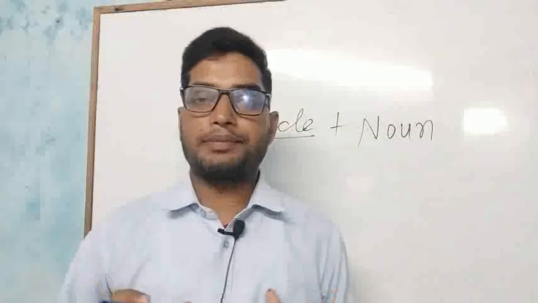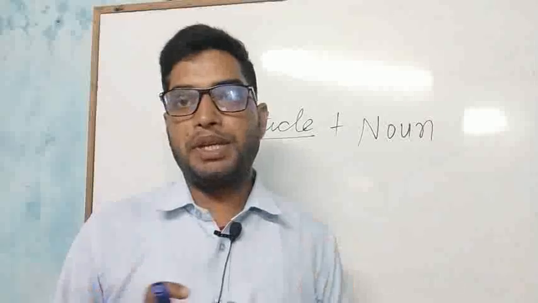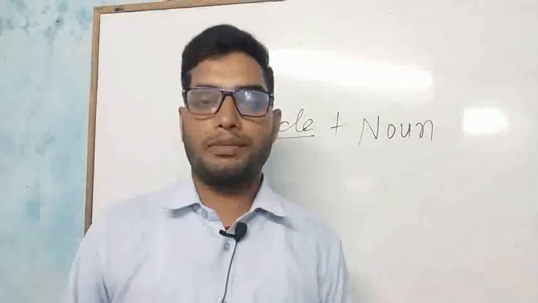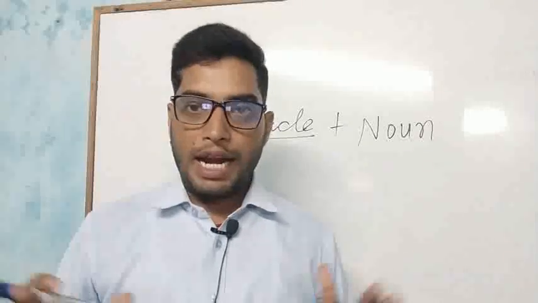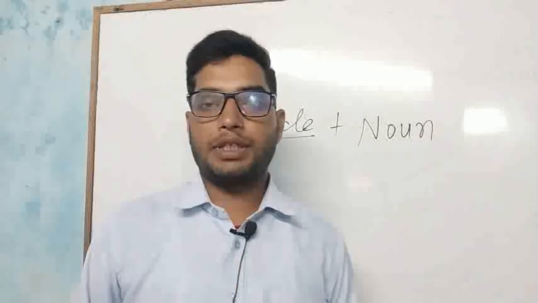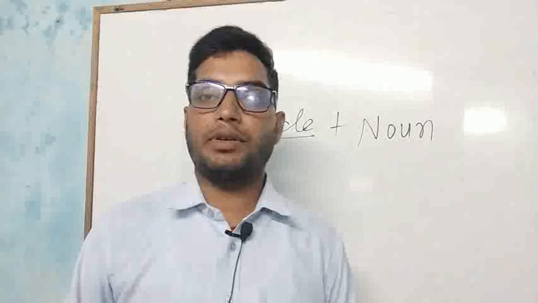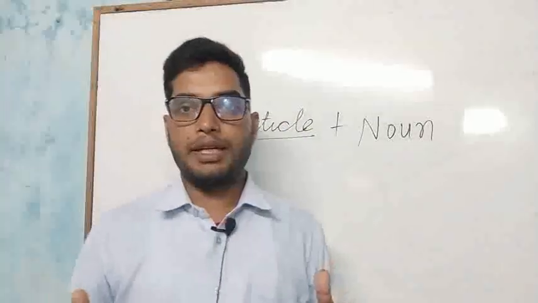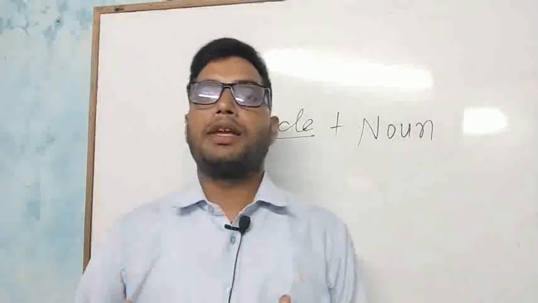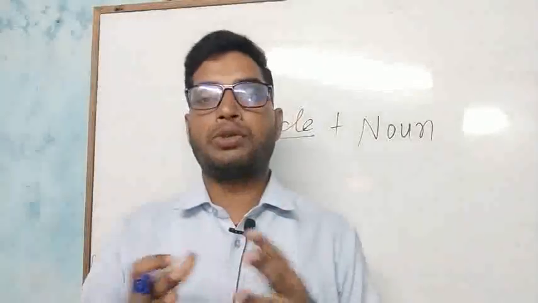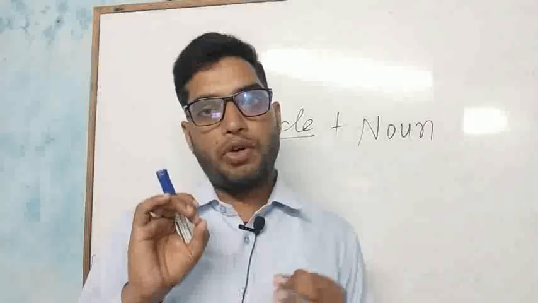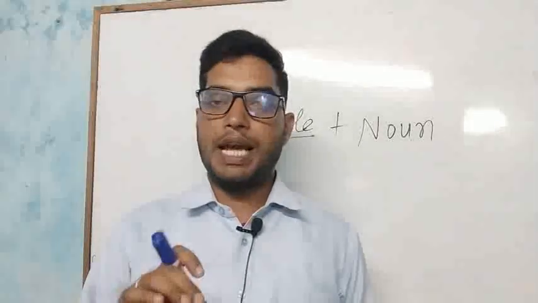It is clear when the speaker or listener talks about something or somebody, and if they both know about that person or that thing, meaning I and you both know about the thing, about the person, we always place the.